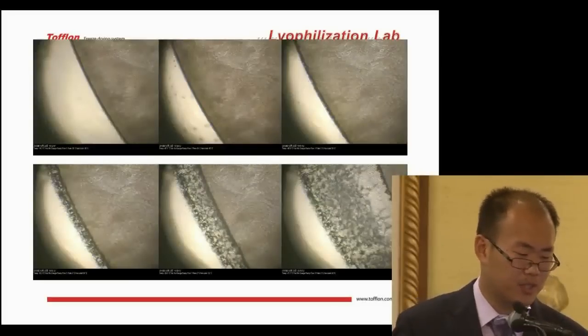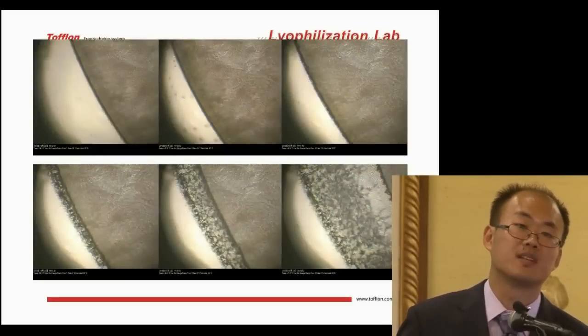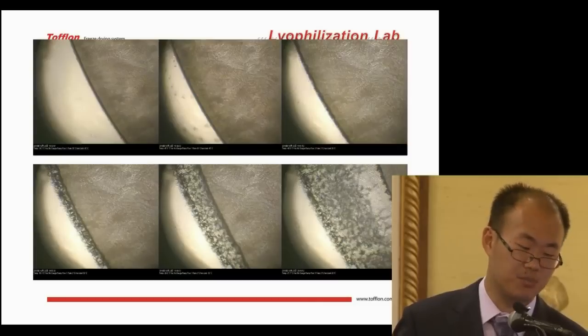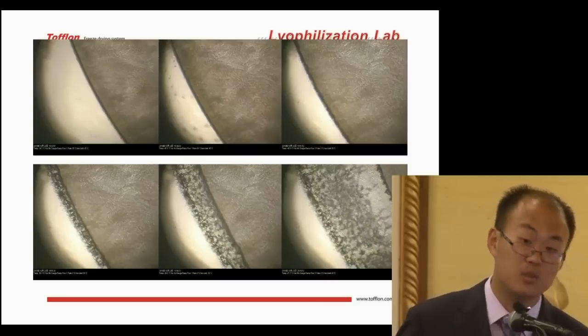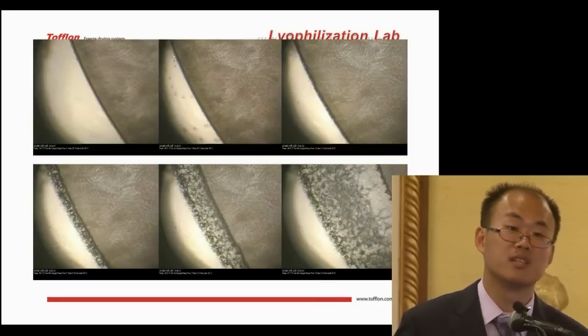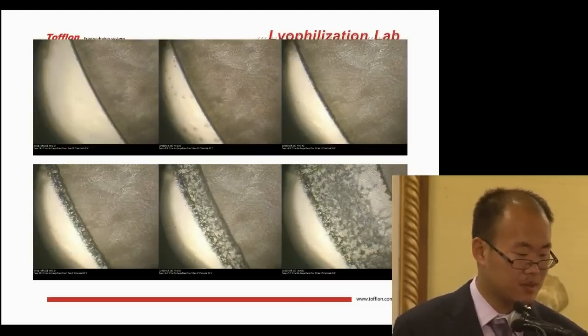Now, in these 6 pictures, we found that the collapse appeared at the beginning of increasing the temperature. When we increase the temperature, the collapse appears. So that is not good for the freeze drying cycle. We must not use this method. Use the next.